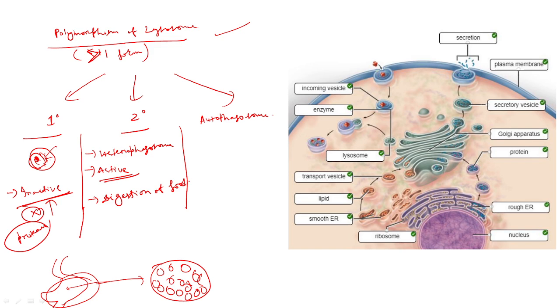If in the exam it is asked, let's say this is one cell of the stomach, in the cell of the stomach which organelle digests the protein, since in the stomach the proteins are digested? The answer will be the lysosome. So the lysosome of the stomach digests the protein.